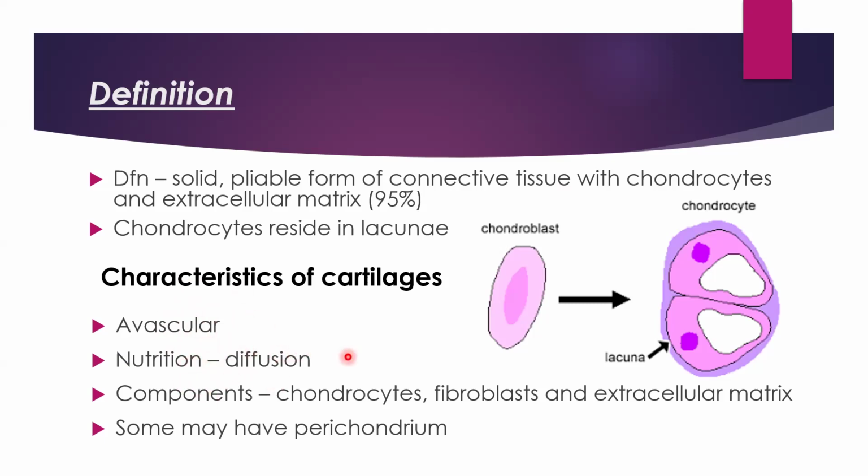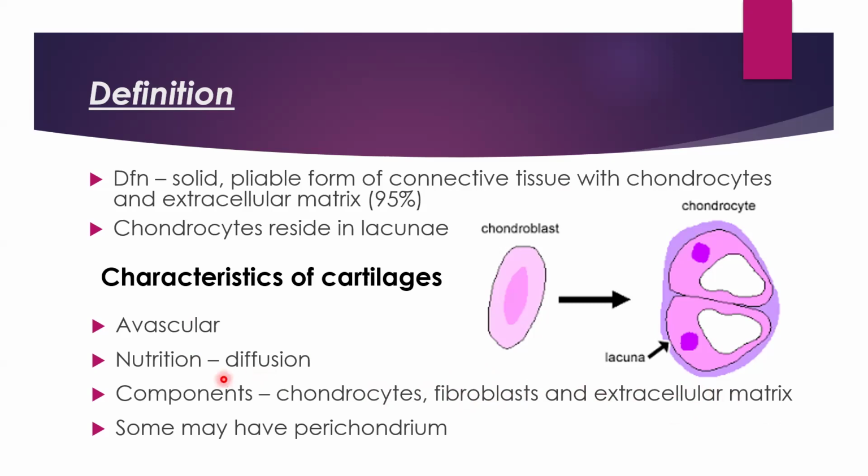Then the components of these cartilages will be chondrocytes and other cell types, as we talked about, for example fibroblasts, chondroblasts, and chondroclasts also, which break down the cartilages, and then you'll also have extracellular matrix.